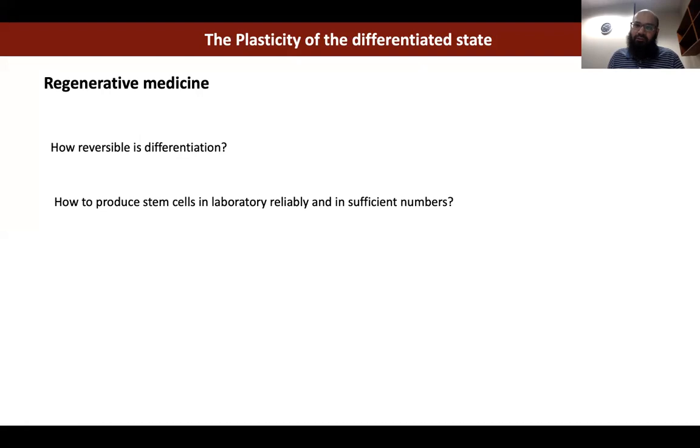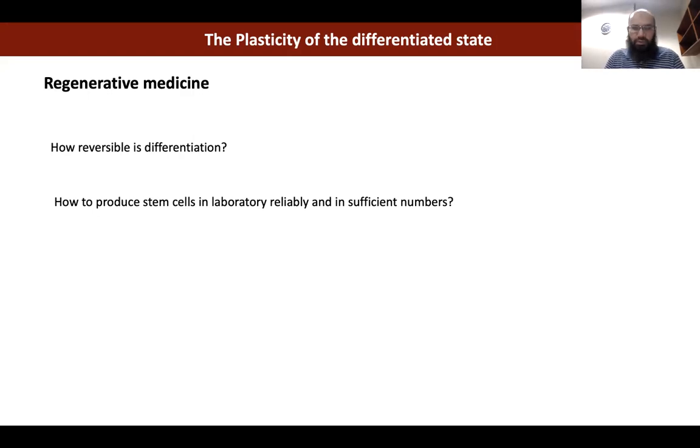If that is achievable, then we can try to regrow organs and replace missing tissues. The biggest question is how to achieve this in a reliable manner, and to obtain cells of a particular tissue, of a particular organ, in sufficient numbers so that they can actually be used in an adult human being. That's actually the goal of regenerative medicine.